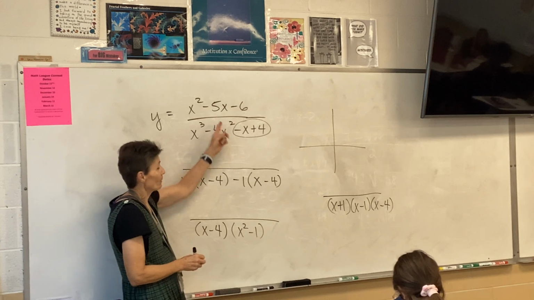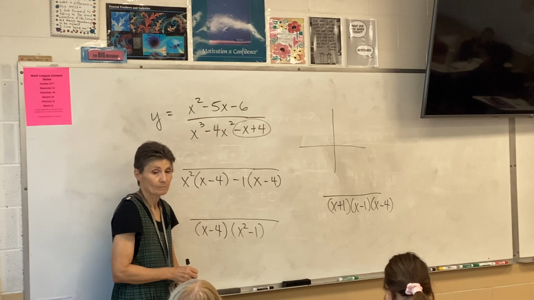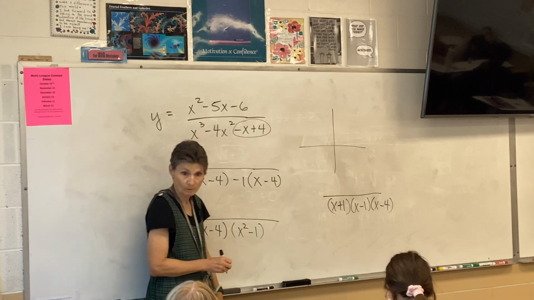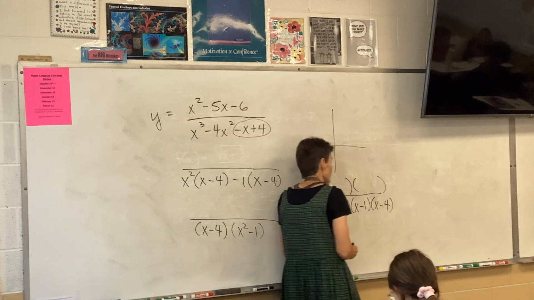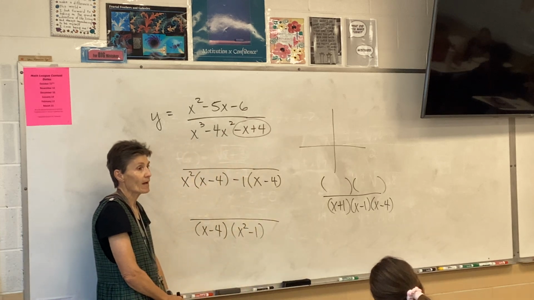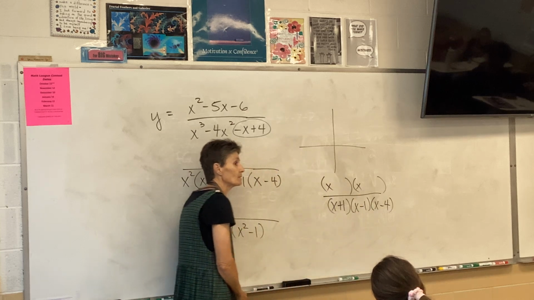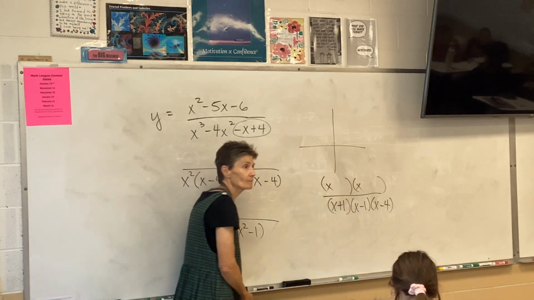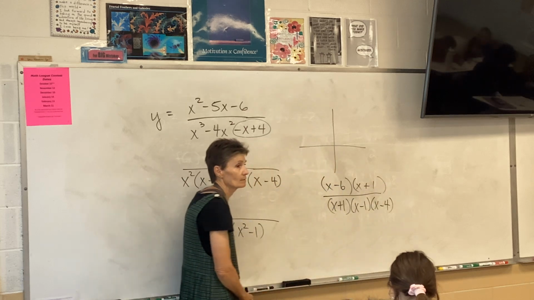How about my numerator? You notice anything about the numerator? These factorable. Be careful now. Think about it. How does that factor? X and X. Maeve? Minus 6 and positive 1, she says.